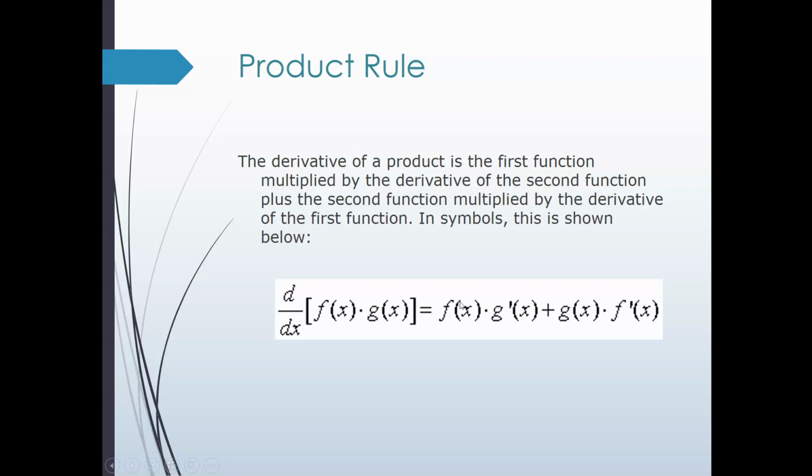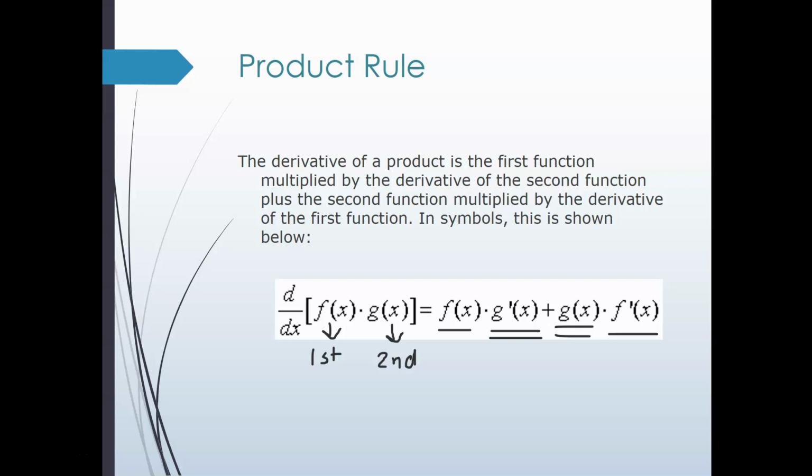When I say first and second, I'm talking about the order in which the functions are written in the multiplication. The product rule says the first times the derivative of the second plus the second times the derivative of the first.